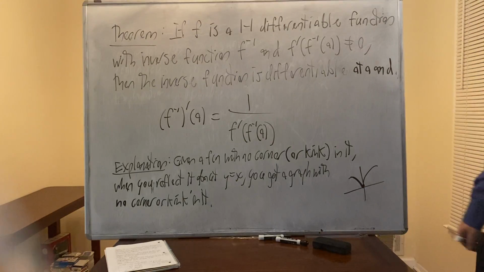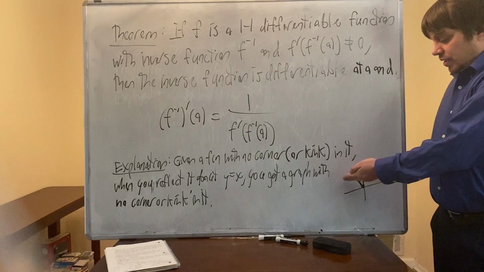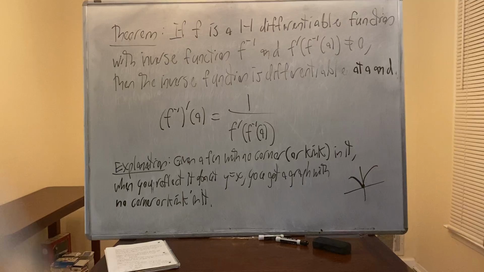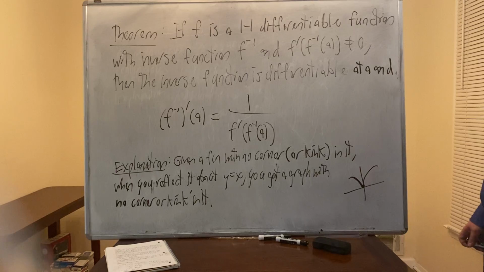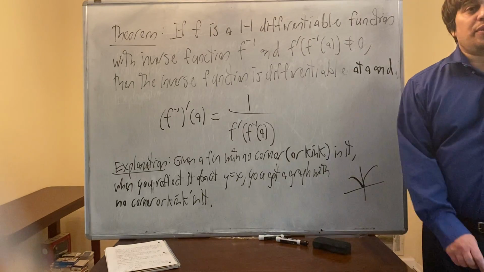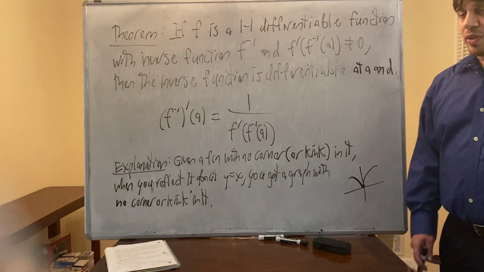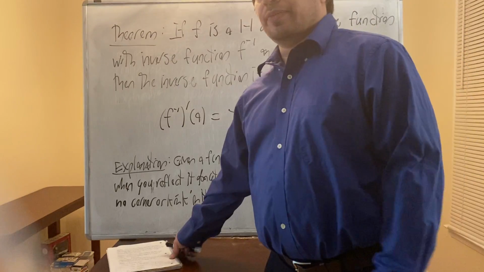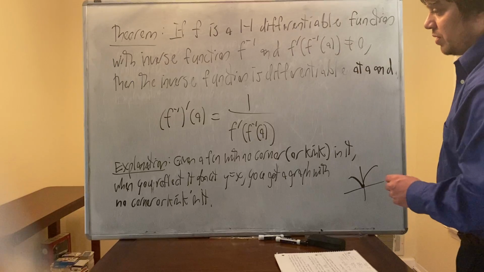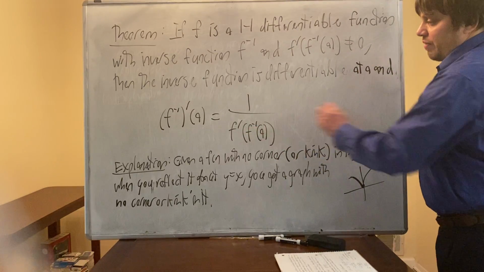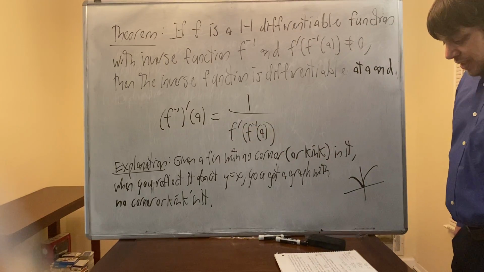So that means that the derivative is defined at every point. And so once you have a function that's one-to-one and differentiable, with an inverse function, its inverse is also differentiable. Okay? And this equation tells you how you find the derivative of that inverse function at a point. So you just need to know the derivative of the original function f and f inverse of a.